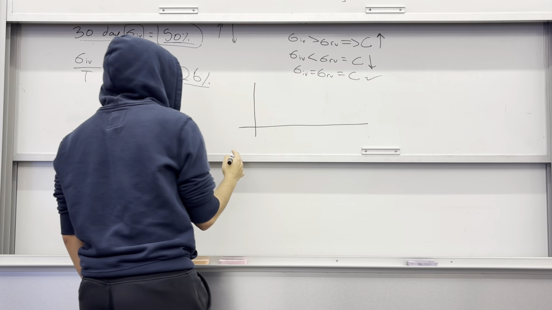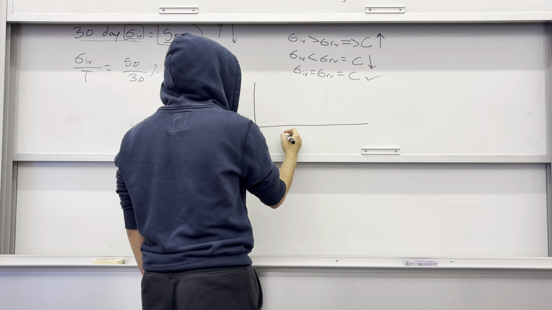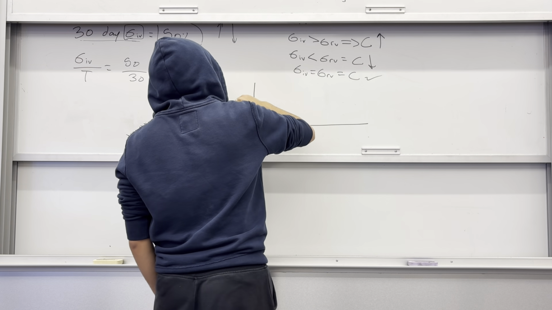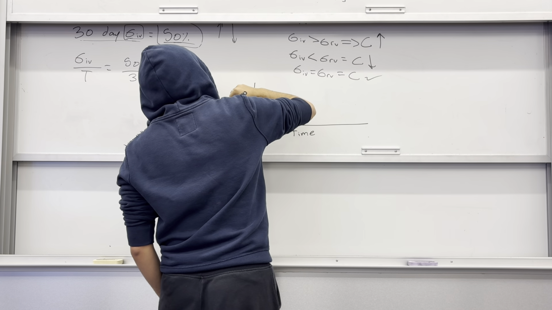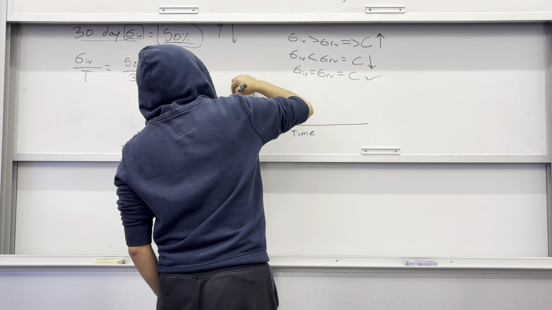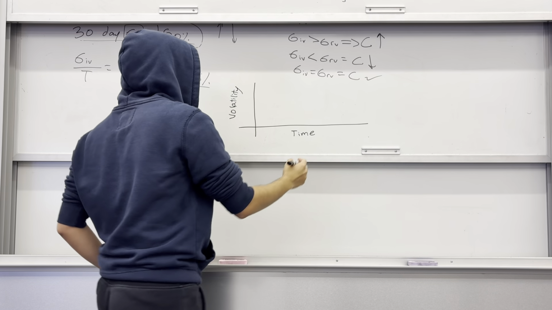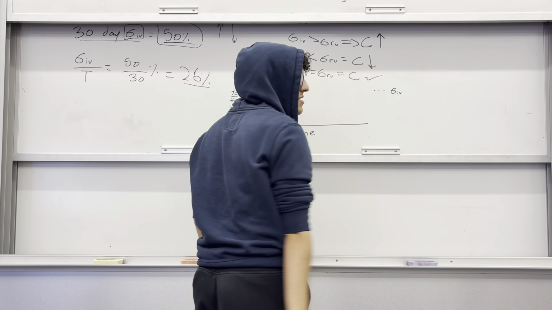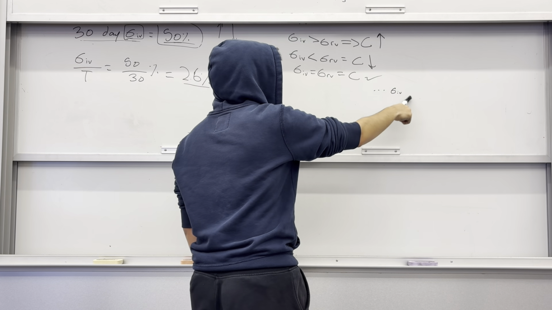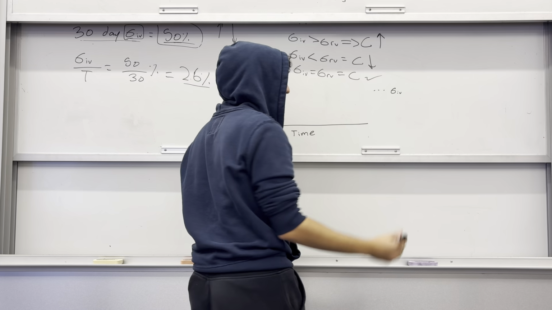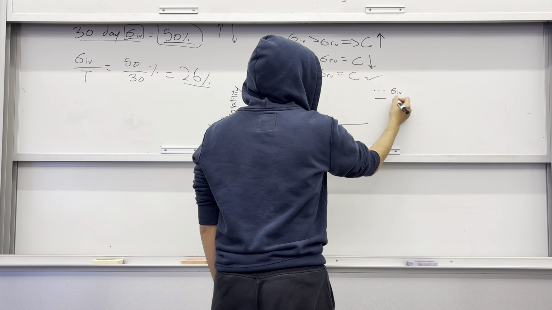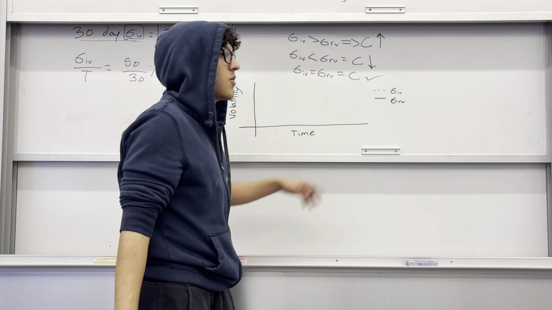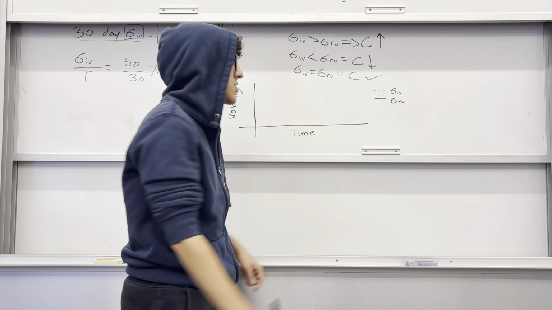I'm going to draw this graph. Here, we have time. Here, we have volatility. In dotted lines, I'm going to plot the implied volatility, which is what the market thinks is going to happen. In a straight line, I'm going to do the realized volatility, which is what has actually happened historically.